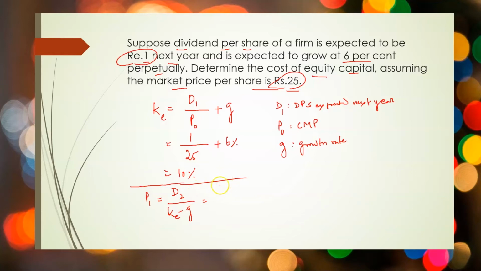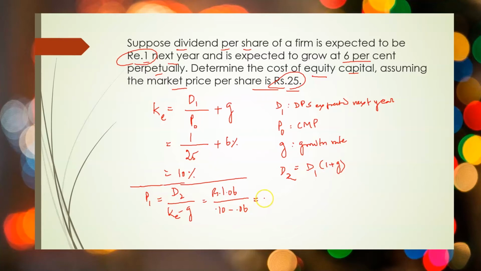So D2 is equal to D1 into 1 plus G. So it will be 1 rupee in the base year, the dividend per share. So into 1 plus growth rate will be rupees 1.06 divided by KE is 10% minus growth rate is 6%.